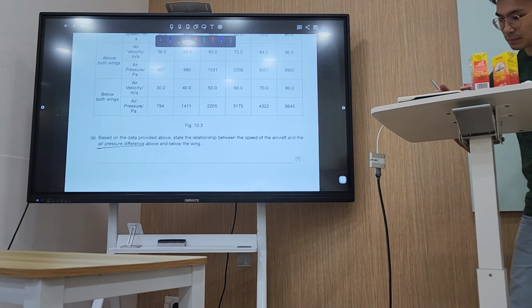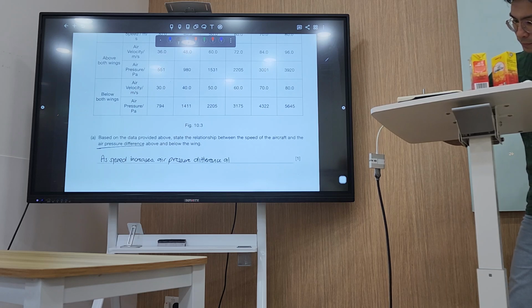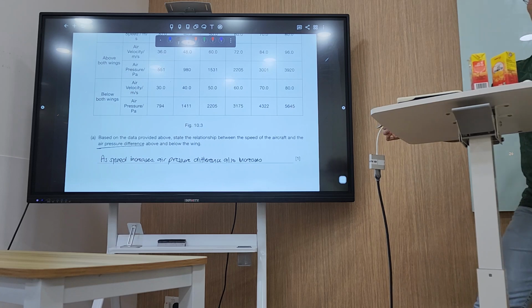So you just say, as speed increases, your air pressure difference will also increase. It's just data abstraction.